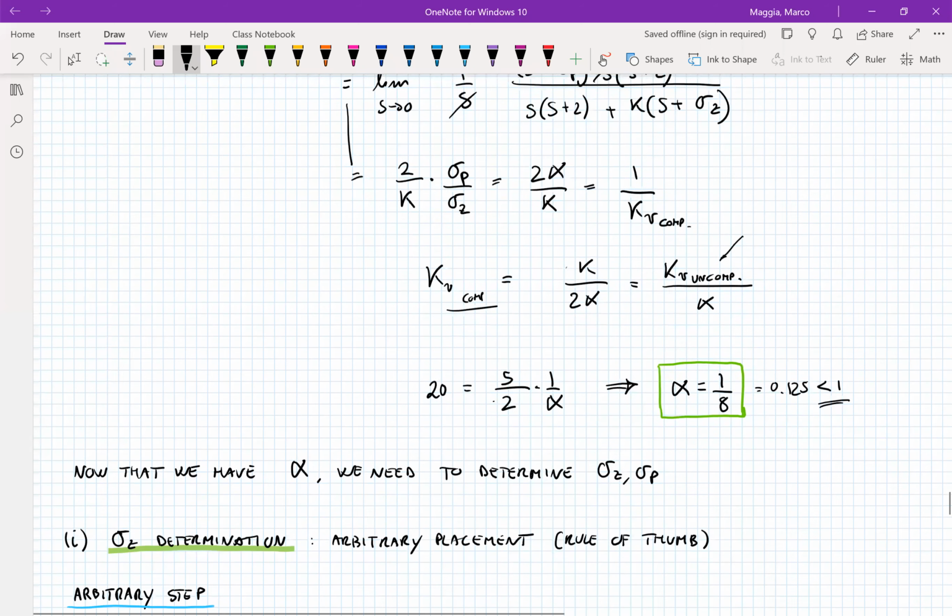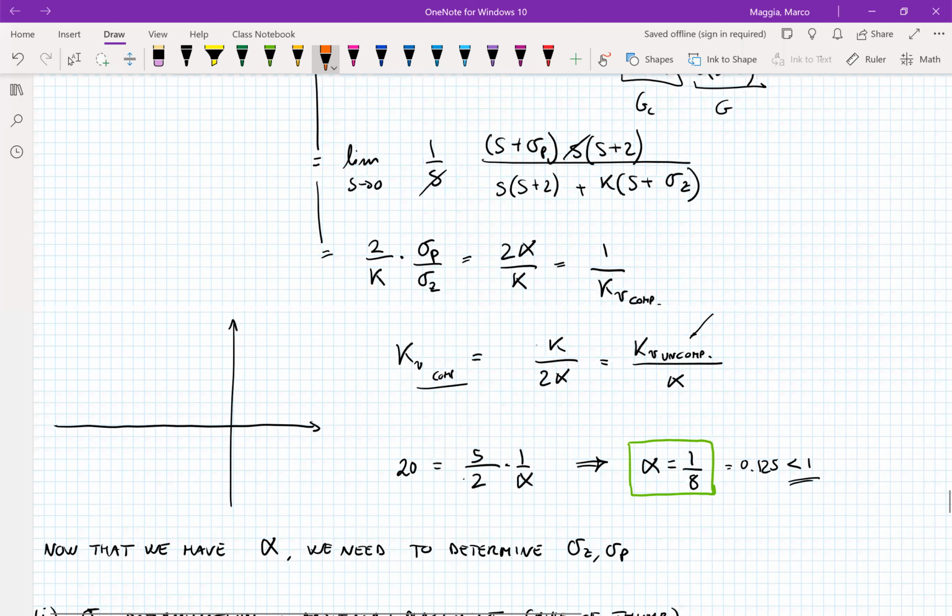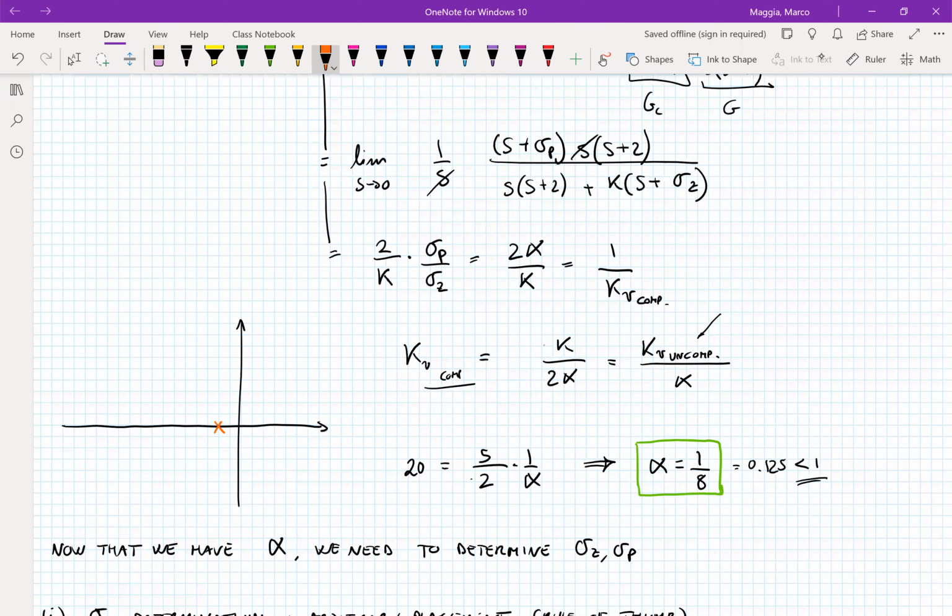Okay, so now we have alpha, that is, we have the ratio between the pole and the zero of the compensator. But we don't really know where the pole and the zero are. For instance, we could have the pole at minus 1, and then the zero at minus 8. This would work technically, because minus 1 over minus 8 is 1/8, which is alpha.